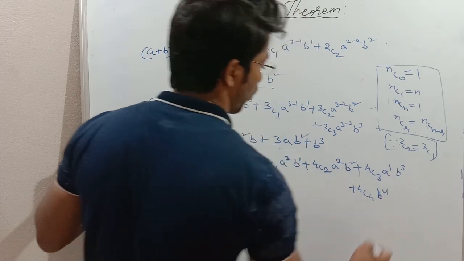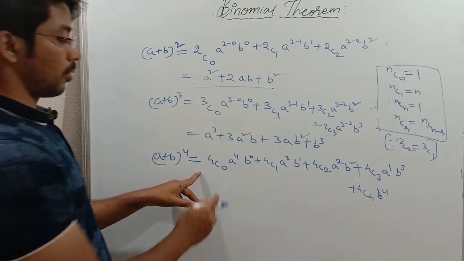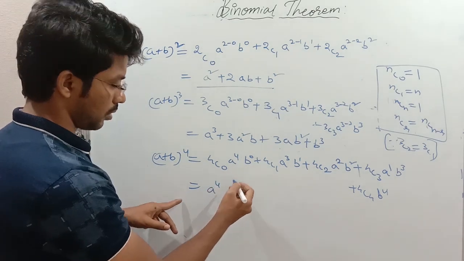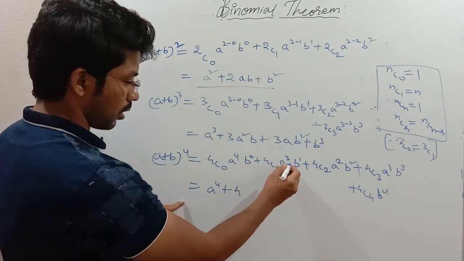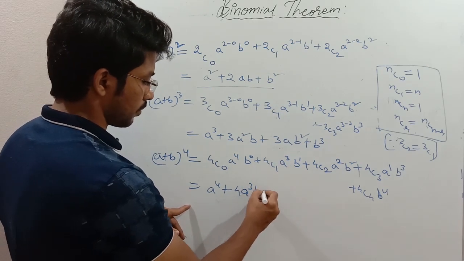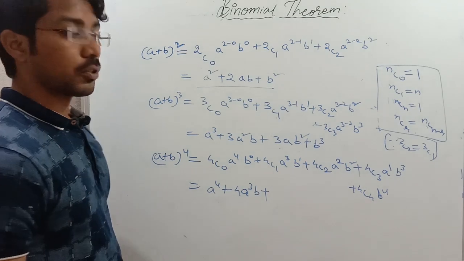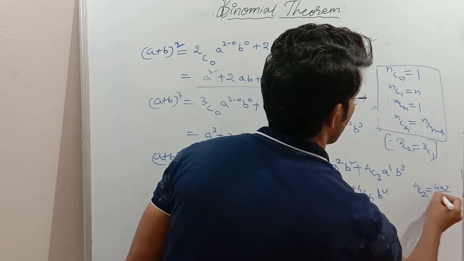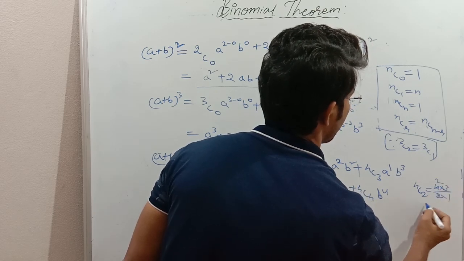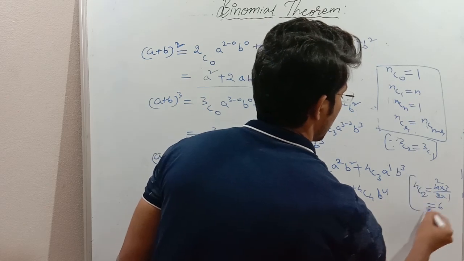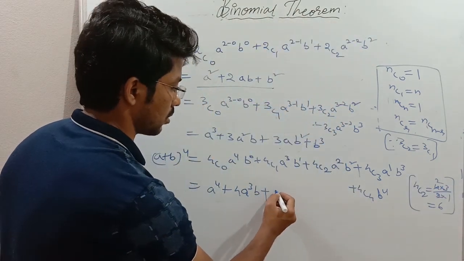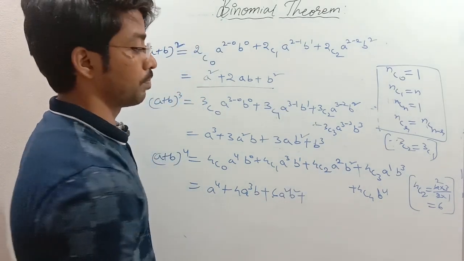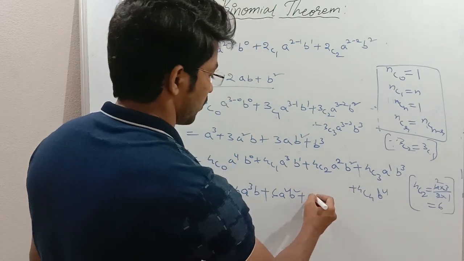Now nC0 value is 1, so a^4, b^0 value is 1, so leave it. Next, 4C1 is 4, a cube b, plus 4C2, whose value is 4 into 3 by 2 into 1, 2 twos are 2, 3 twos are 6, so 4C2 value is 6, a square b square.